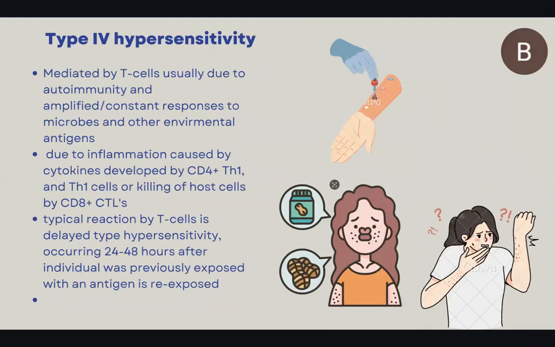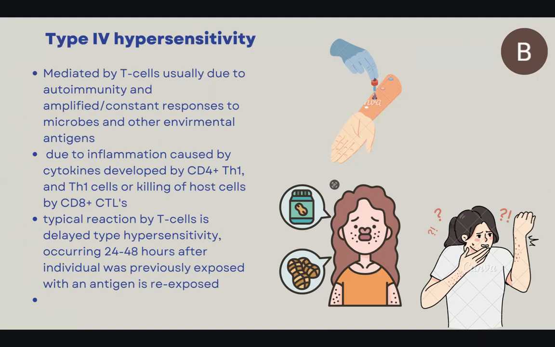Finally, we have type 4 hypersensitivity, which is mediated by T cells, usually due to autoimmunity, and is amplified with constant responsiveness to microbes and other environmental antigens. The symptoms are caused by inflammation from the cytokines produced by CD4 Th1 cells, and by killing of host cells by CD8 cytotoxic lymphocytes.